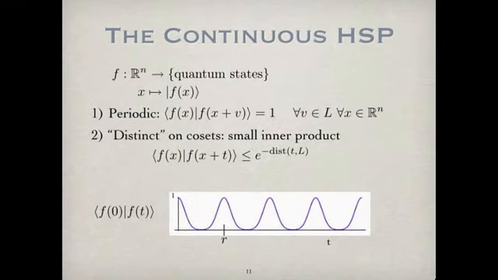It's going to have three properties now. The first one will be periodic. This is just rewriting periodic with inner product. Now, as far as being distinct on cosets, we can't make it distinct on cosets, otherwise you have to evaluate it directly at the point.